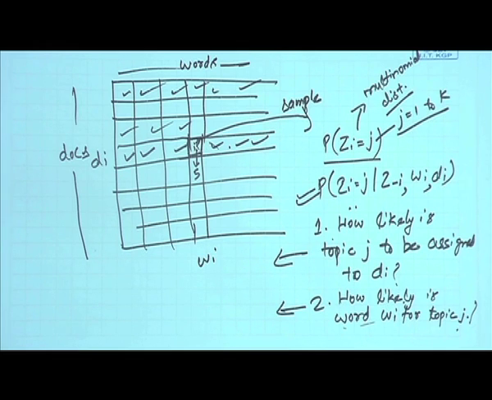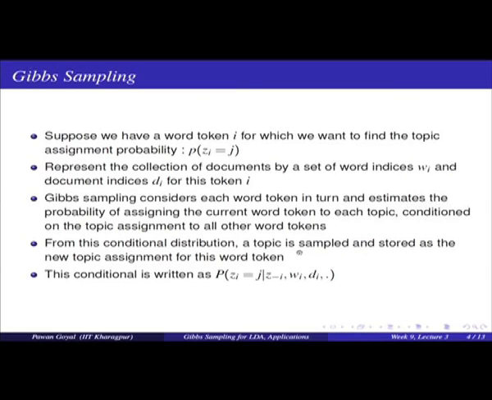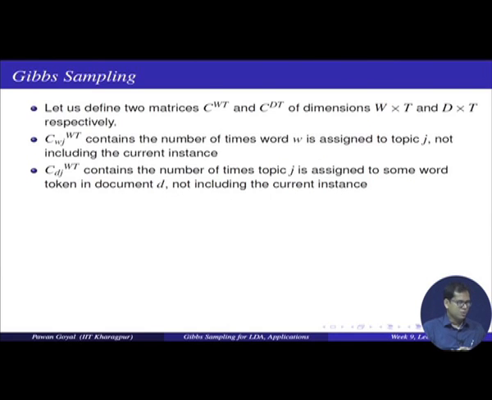So from this conditional distribution, you are sampling a topic and you are storing it as the new topic assignment for the word, and this is written as the probability that the ith word has the topic j given everything else. So how do we achieve this? How do we compute all these values? For that I need to keep two different matrices.